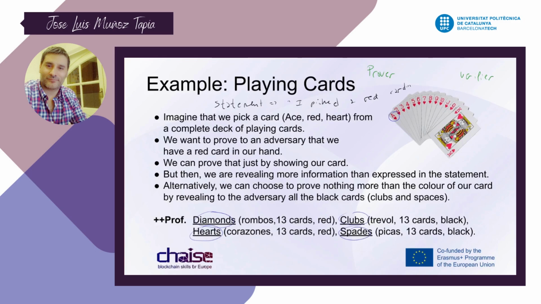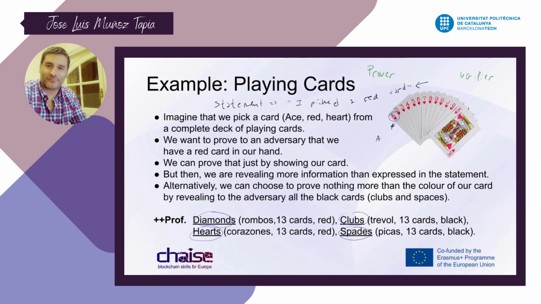One option is to show you the card. But the problem there is this is not zero knowledge, because you're not only learning that the card is red, maybe you're learning that the card is also one of the hearts, and also the number.